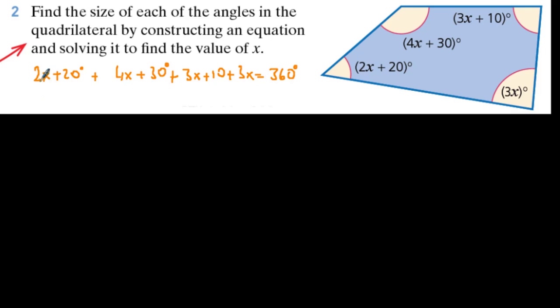You are going to add the like terms: 2x, 4x, 3x and 3x, which is 12x, and 20 plus 30 plus 10, which is equal to 60.